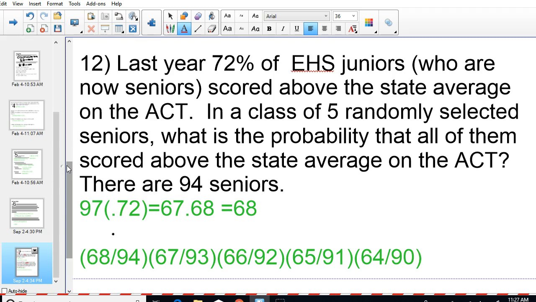Okay, and so that gives me, if I round it to 3 places, 0.189905.